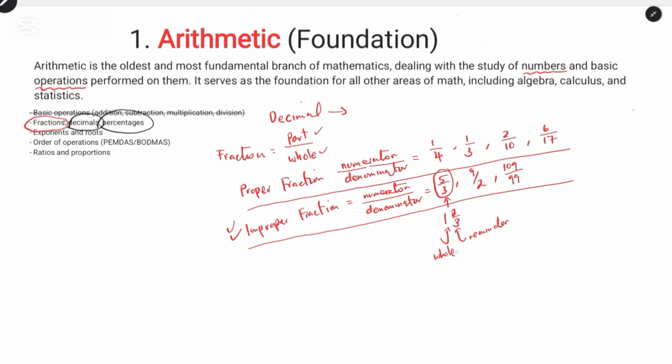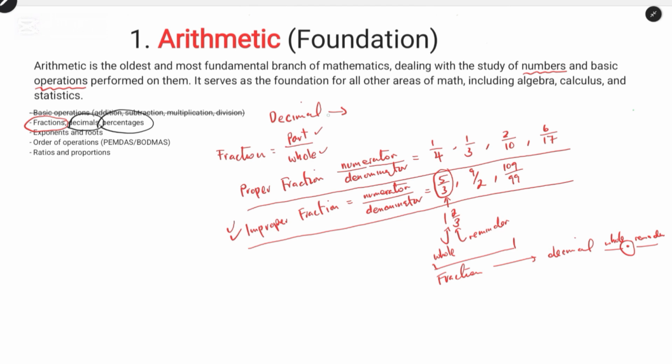This is the whole number and the remainder, and we can compute this into a decimal by adding the whole number and the remainder, and you can realize we have a dot which separates the remainder from the whole number.